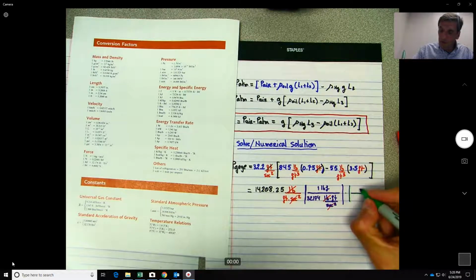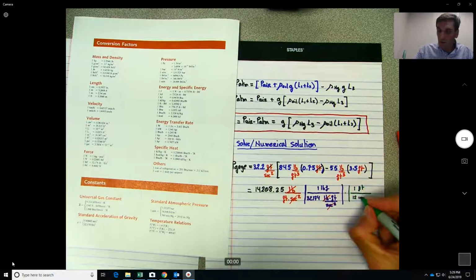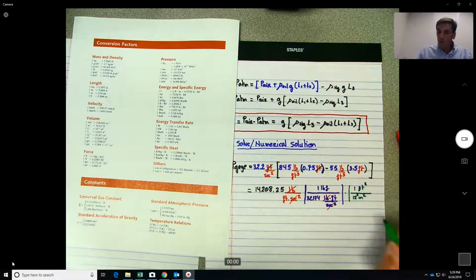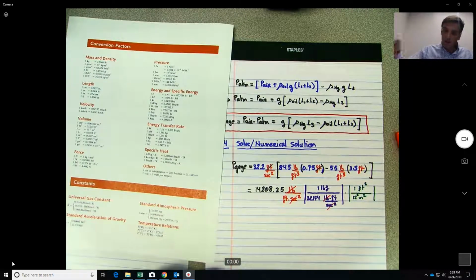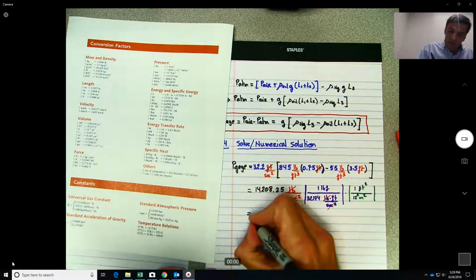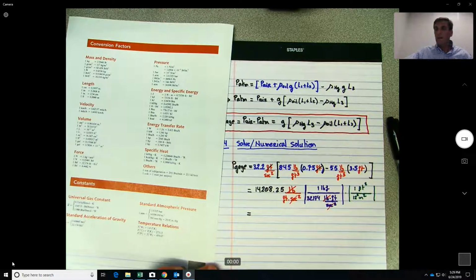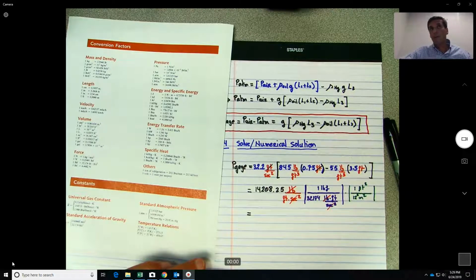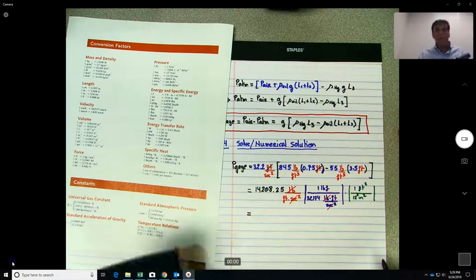So we know that 1 foot is equal to what? 12 inches. So 1 foot square will be equal to 12 inch square, which is 144. So if we do the calculation, again, I'm going to stop the video for a second.